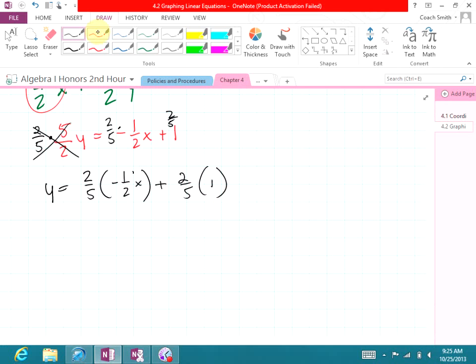Now here the 2's cancel, so that leaves me with y is equal to negative 1/5 x plus 2/5.